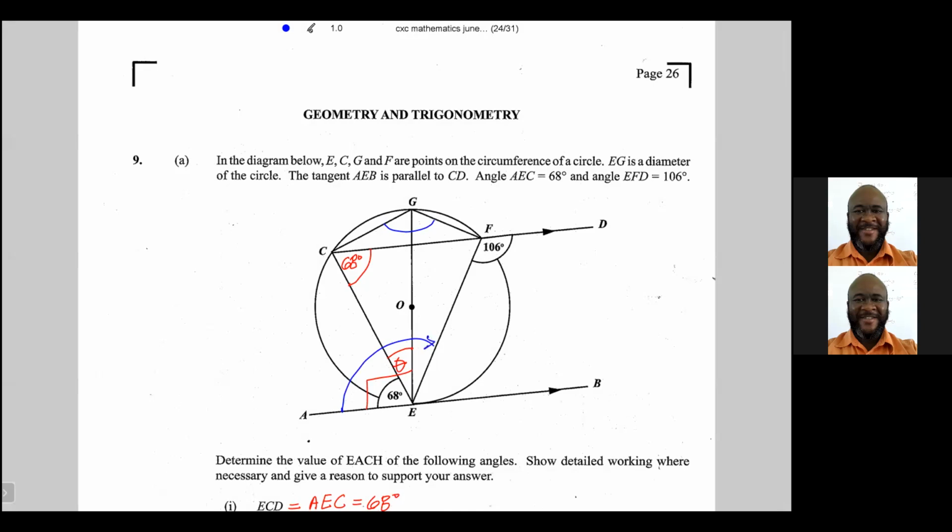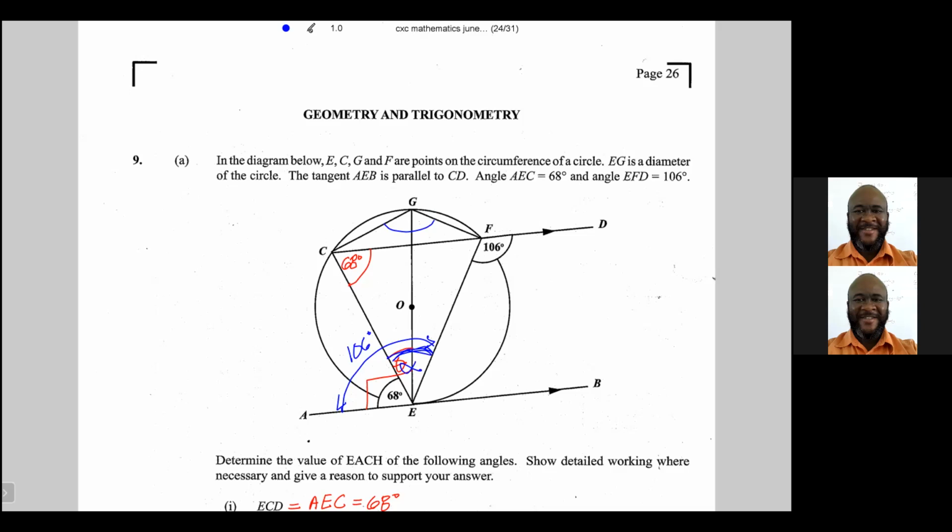Why? Again, they are alternate angles. So this entire angle is 106 degrees. If that's 106 degrees, I can take away 68 from it to get this angle here. Let's call it alpha. And then alpha plus angle CGF are opposite angles of a cyclic quadrilateral. So the two of them would add up to 180 degrees. So for me, that's one of the quickest ways I think I can arrive at the answer.